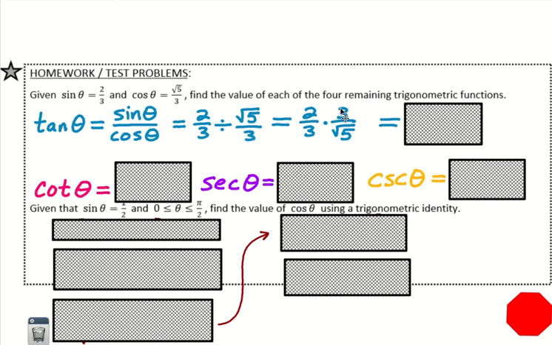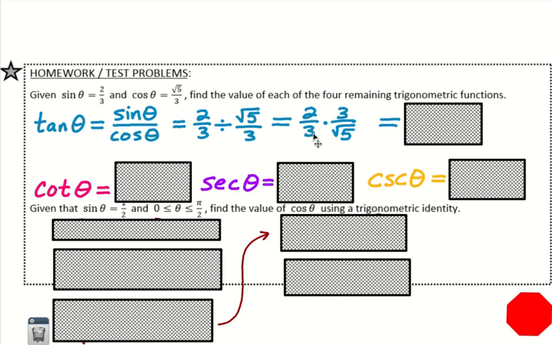Is anything going to cancel here? I like to simplify and cancel things when I'm multiplying two fractions together, even before I multiply across.